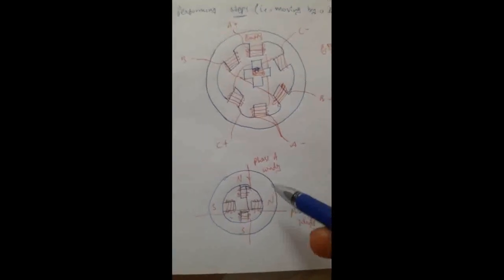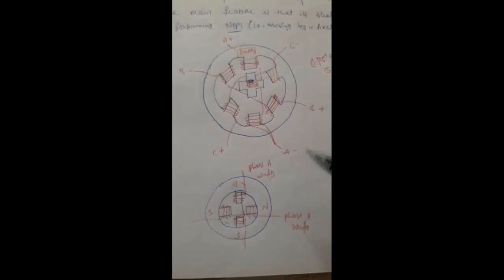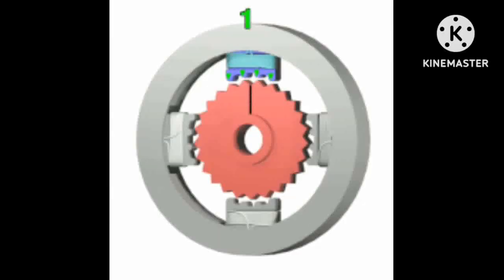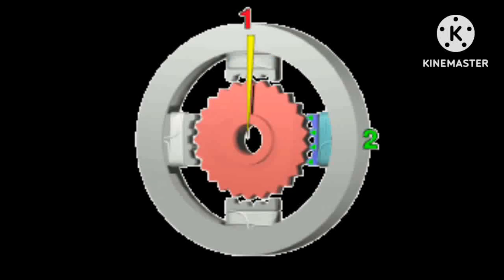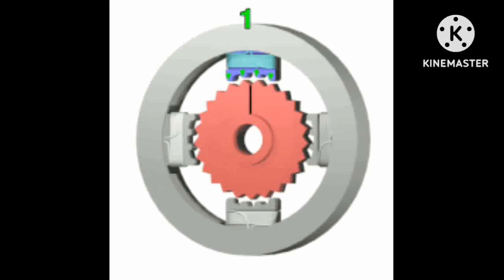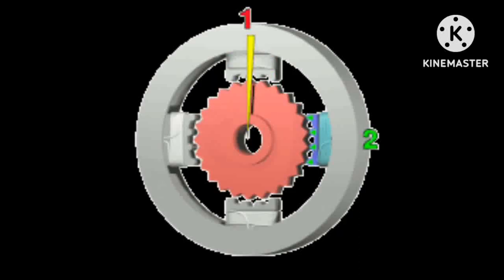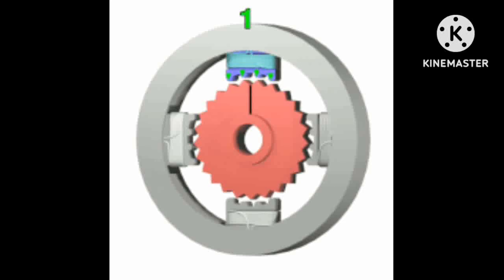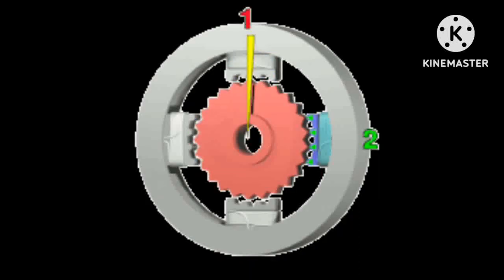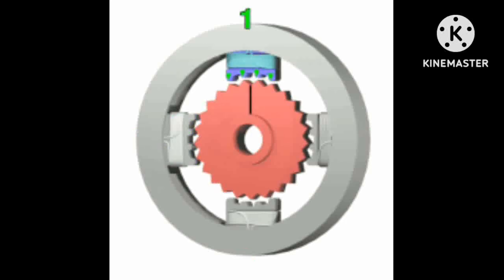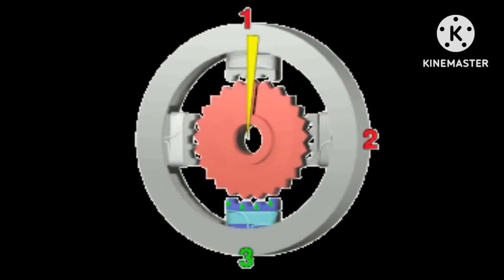For a clear explanation I am adding a small graphical video, so let's see that. Here is a small graphical video of a stator design of the stepper motor. The stepper motor has 4 poles, and the poles are salient type poles.